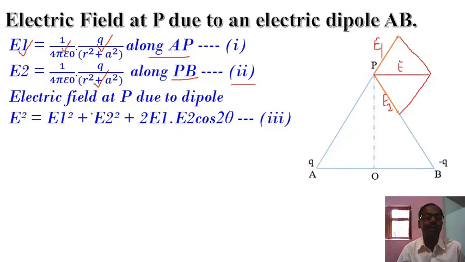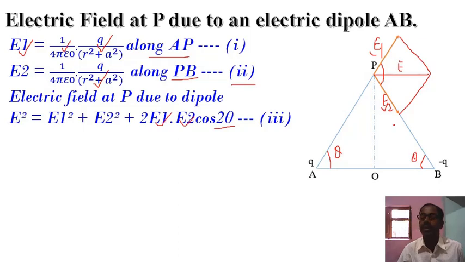This is E. According to the parallelogram method, E square equals E1 square plus E2 square plus 2 E1 E2 cos theta, where theta is the angle between E1 and E2. So the angle between E1 and E2 is 2 theta. Suppose this is theta. Since AP equals PB, this one will also be theta.